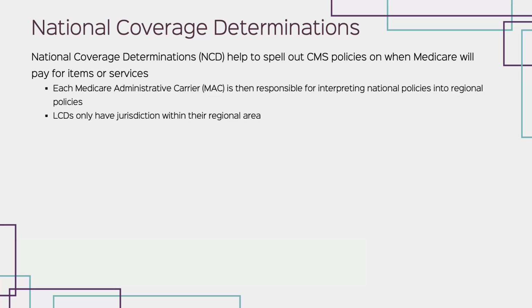And those are going to be called your local coverage determinations, or LCDs. Now, those LCDs only have jurisdiction within their regional area. So your MACs may also define what codes are needed for coverage in related medical billing and coding articles.